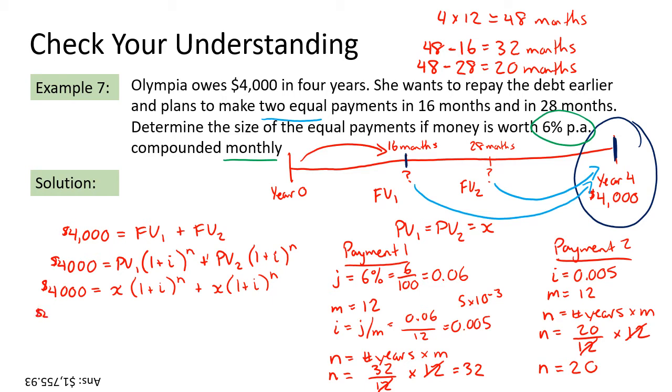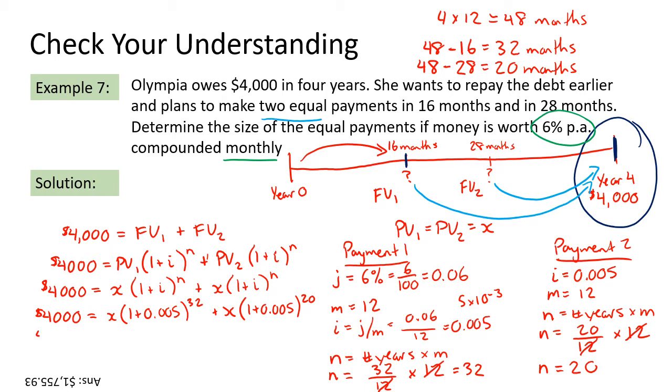So we have $4,000 is equal to x, this is the first payment, times 1 plus 0.005, and that's raised for this payment to the exponent 32, plus x again, times 1 plus 0.005. And in this instance, it's raised to the exponent 20, right? Because we're moving 20 months or 20 compounding periods into the future.